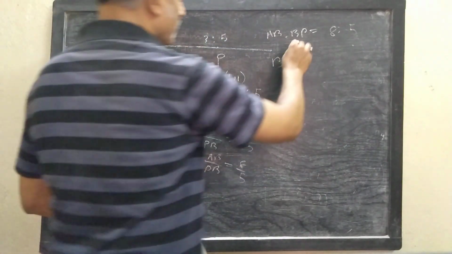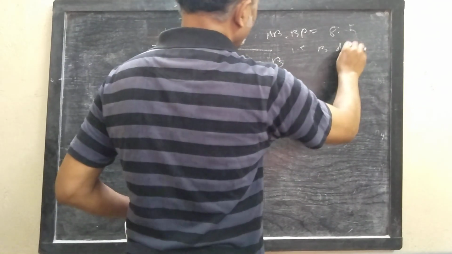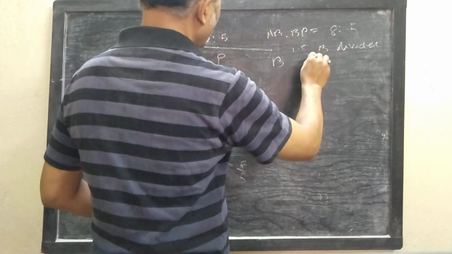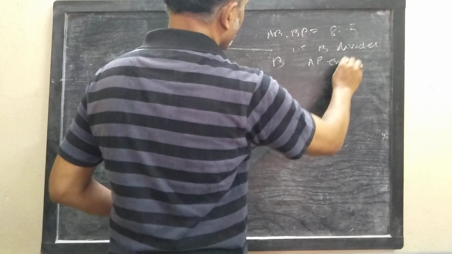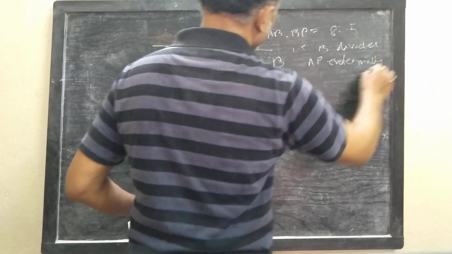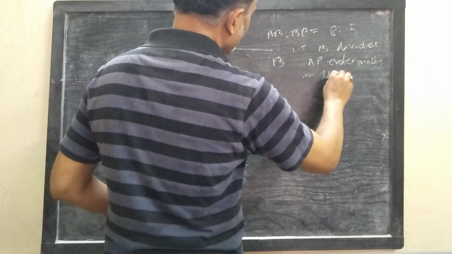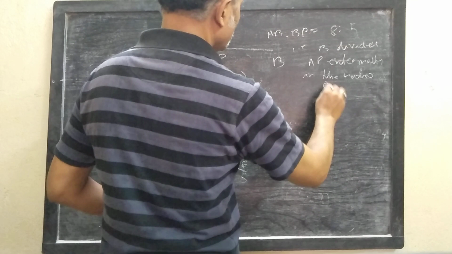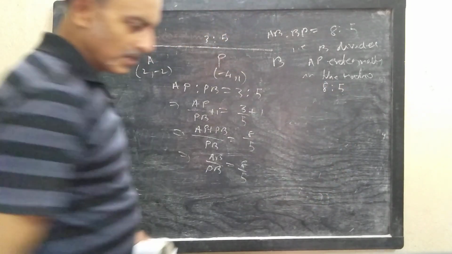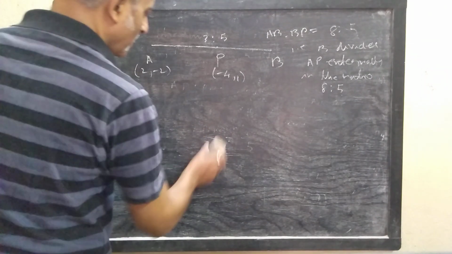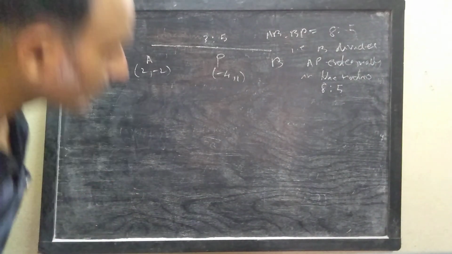That is, B divides AP, not AB, B divides AP externally in the ratio 8:5. So now we can write directly the coordinates of B by using the external division formula.